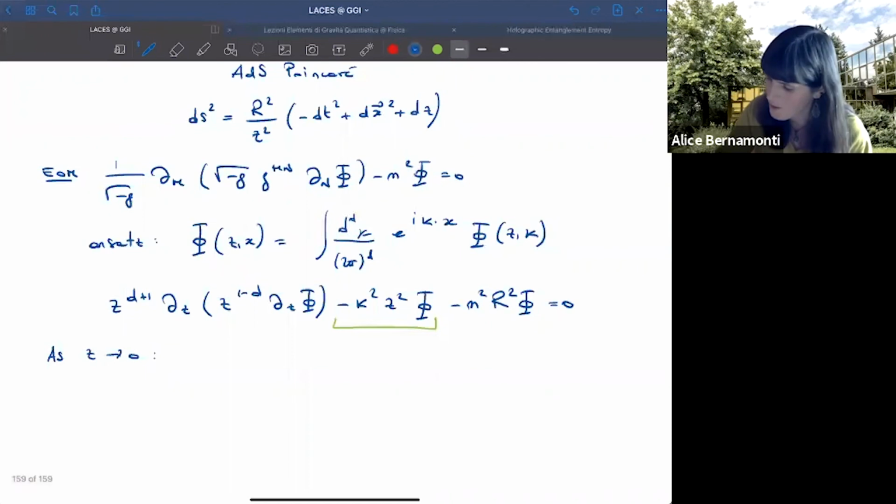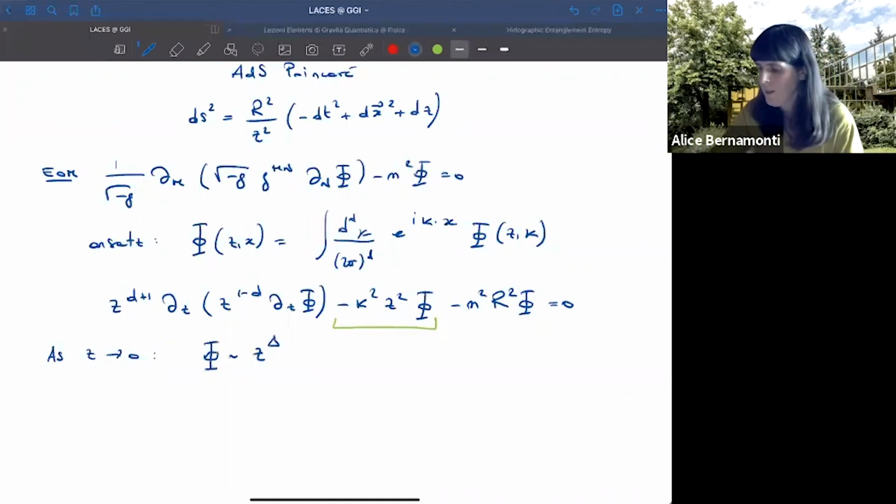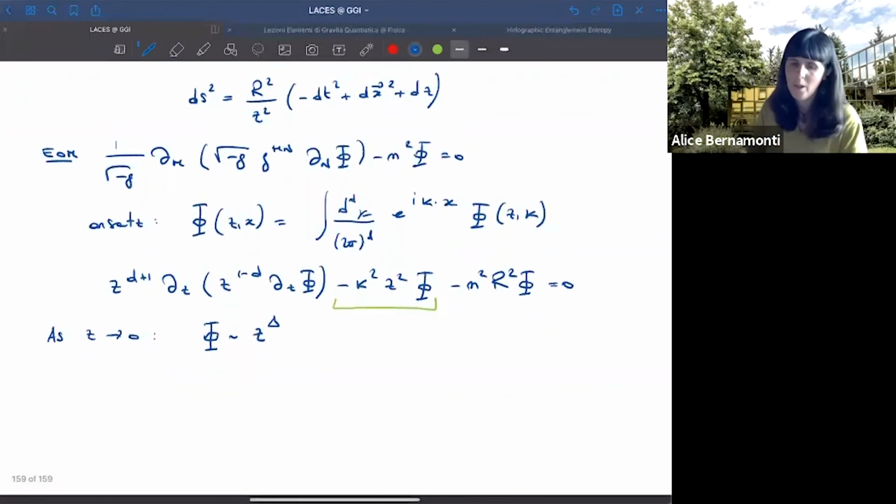So it's some power of z, which I'm calling delta, with some insight, but for the moment this is not related to the operator conformal dimension. It's some generic power.